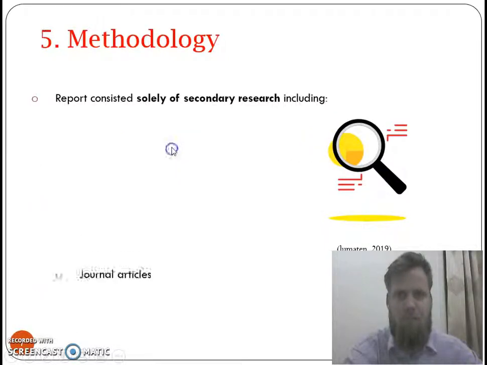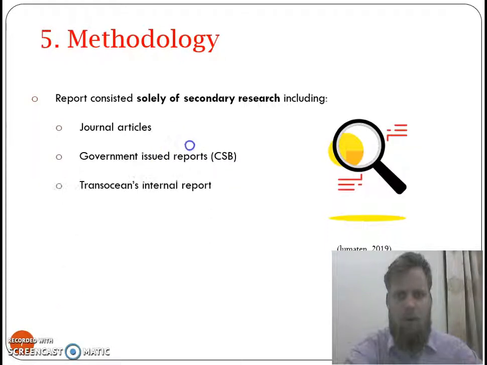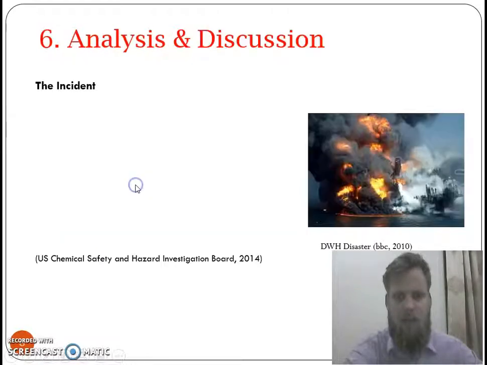So the methodology for this report consisted only of secondary research, primarily the report from the CSB, the governmental body in the US that dealt with this, and Transocean, the company that ran the rig, their internal report. So a good bulk of what you see is based on that.